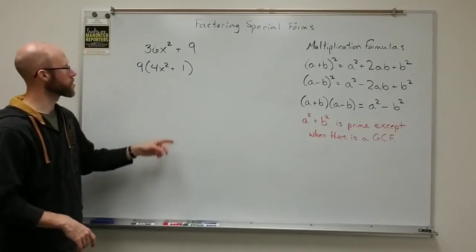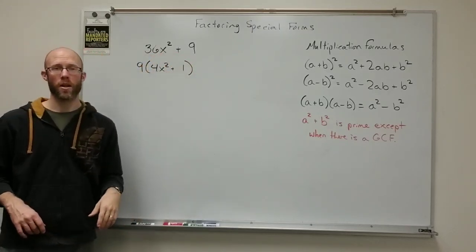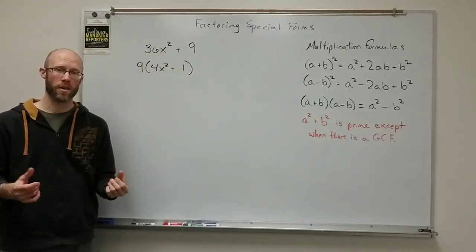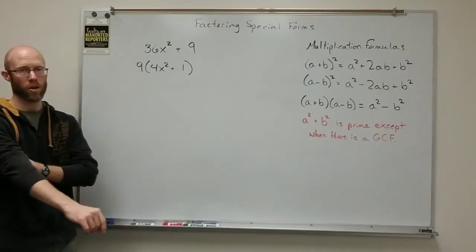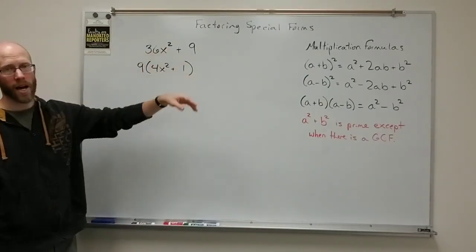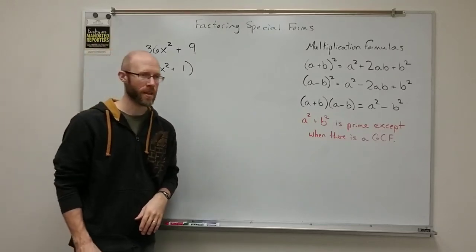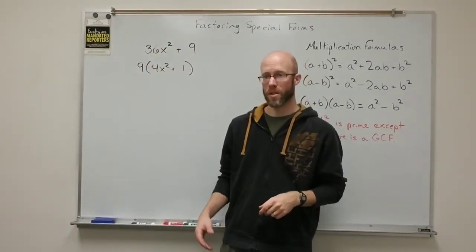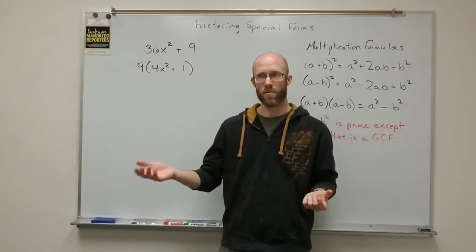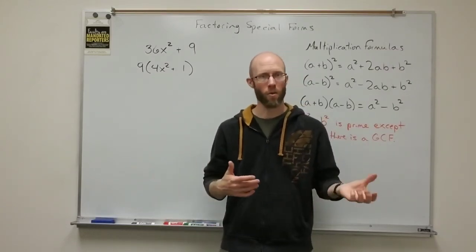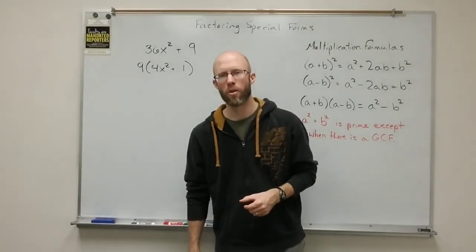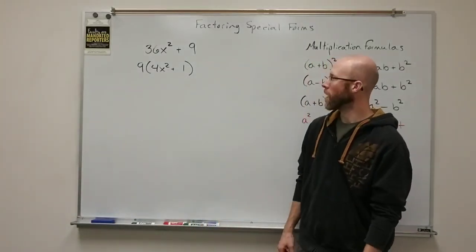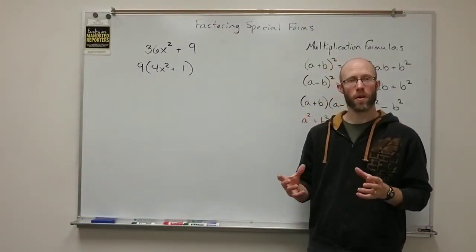It's kind of rare because you have to have two squares that also share a square factor in order for that exception to occur. 36 and 9 will work. 16 and 4, 36 and 4, 64 and 16, 64 and 4. There's a lot of perfect squares where that does work out, pairs of perfect squares.